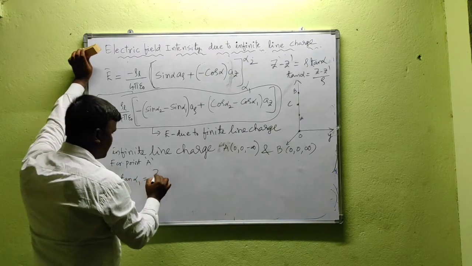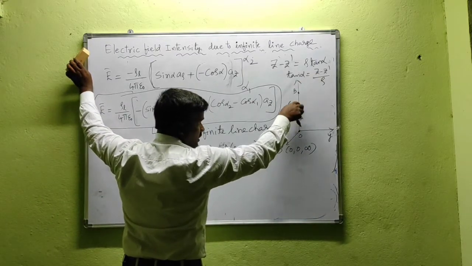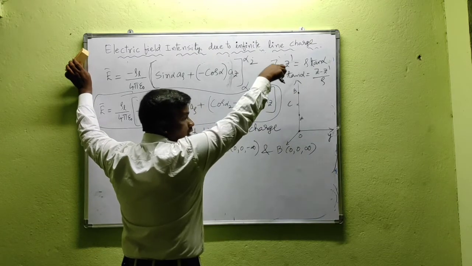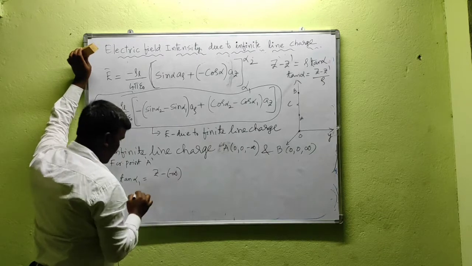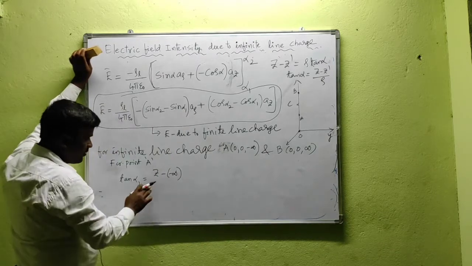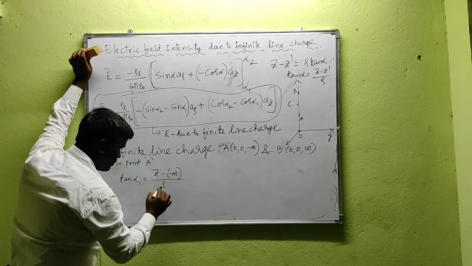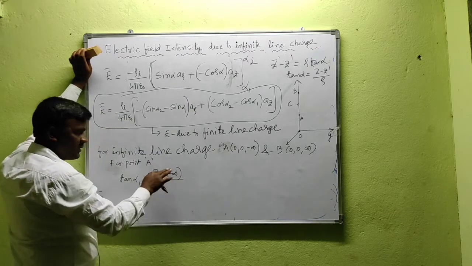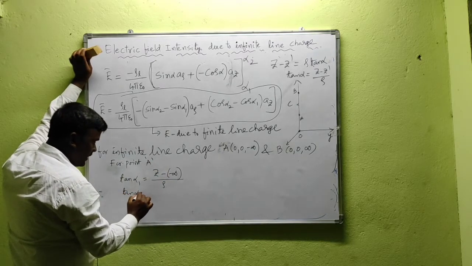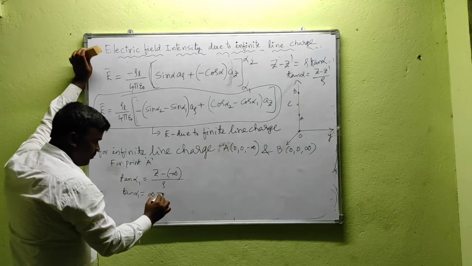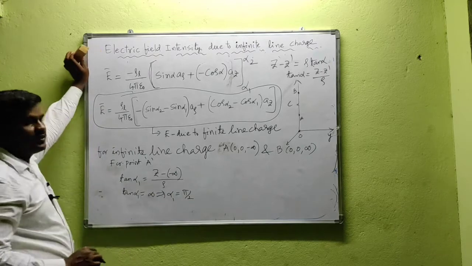The variable is not z, because we consider C may be shifted downside up to A, up to point B. So z minus z dash is nothing but minus infinity, and alpha becomes alpha 1 for A, refer to the diagram also. That is z plus infinity by rho, infinity plus something is infinity, infinity by something is infinity, so tan alpha 1 is infinity, meaning alpha 1 is pi by 2.